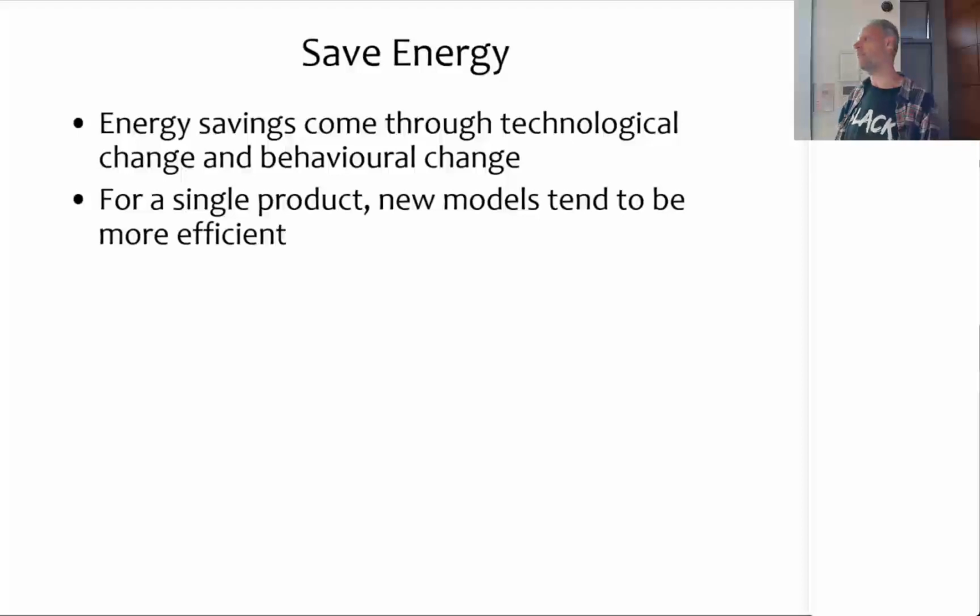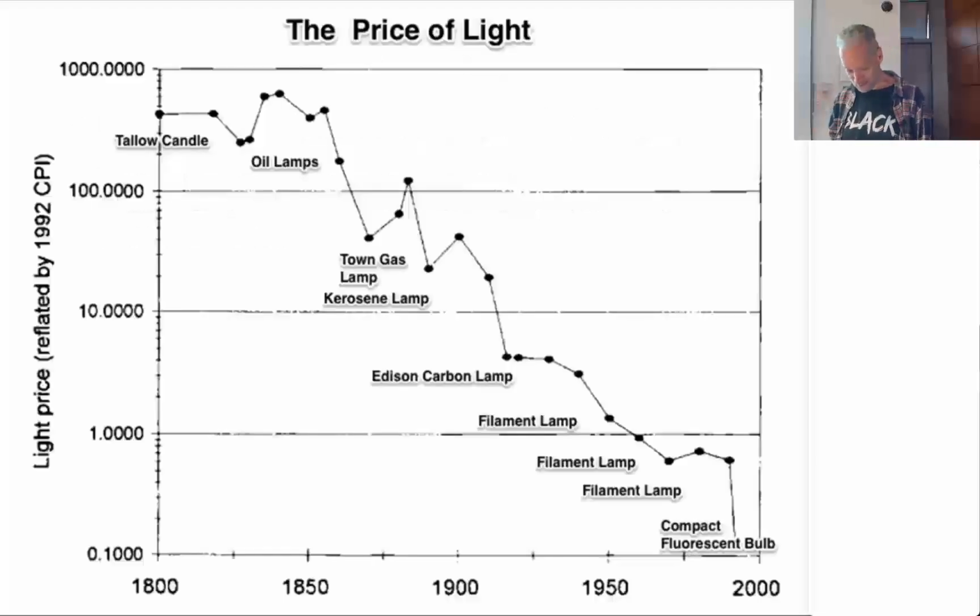What we have seen happening in the market, in any market we have looked at, for any period of time we have looked at, is that for a single product, if you compare them like with like, new models tend to be more efficient, energy efficient, not Pareto efficient, energy efficient than previous models.